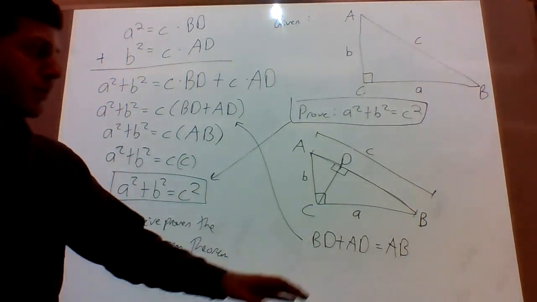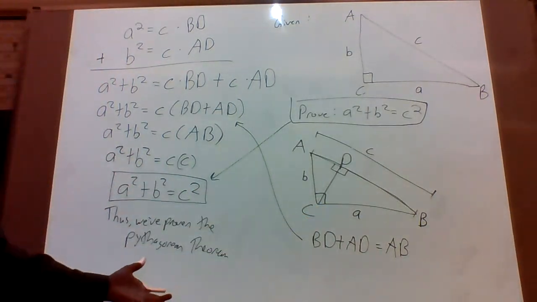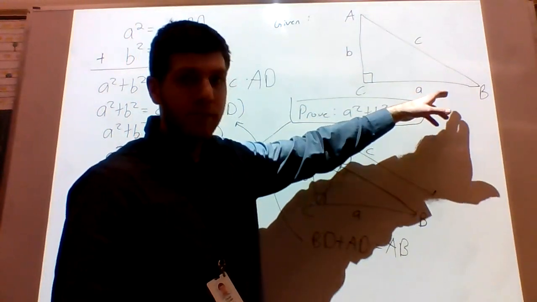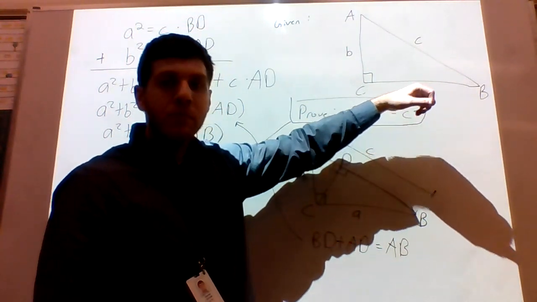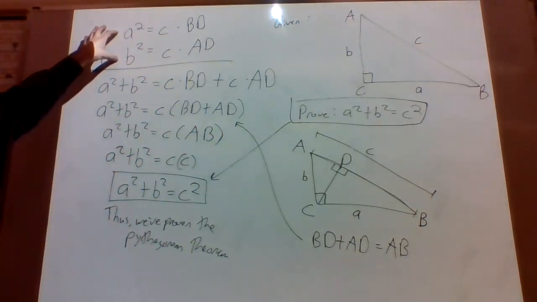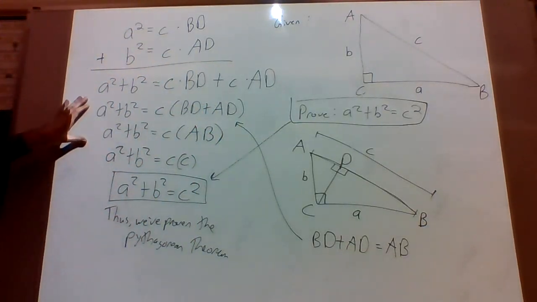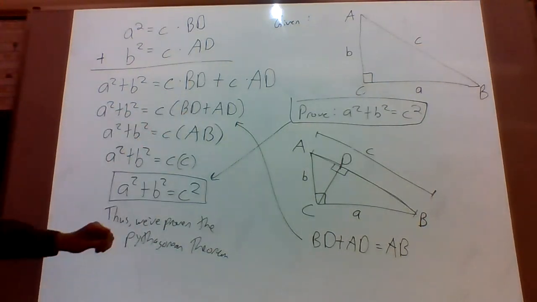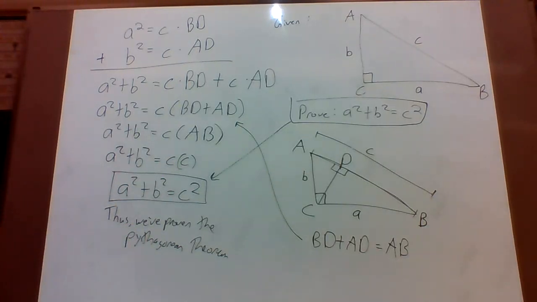From those proportions, we could substitute in the values of AC, AB, or CB, a, b, and c. And then we could cross multiply, which gave us these 2 equations. Then when we added these 2 equations and did a little bit of algebra, we were able to determine that a squared plus b squared will always equal c squared.